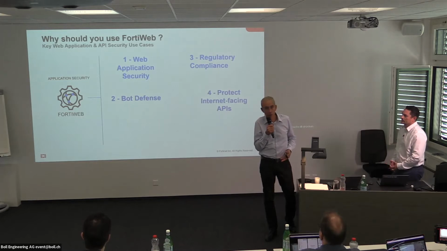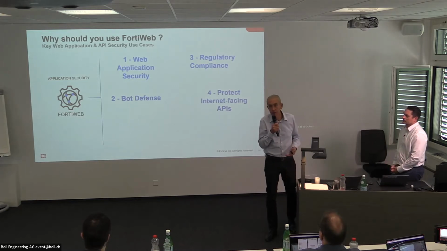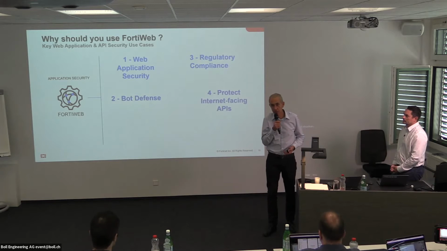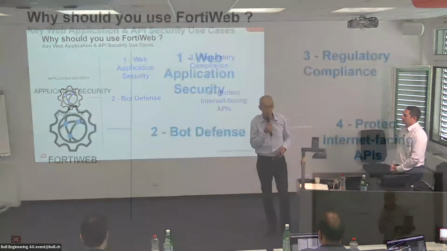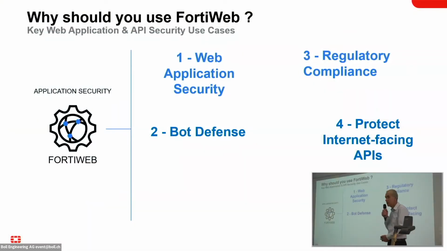Most of your customers will need to have credit card purchasing capabilities on internet. And so they need to be PCI DSS compliant, and PCI DSS requires a WAF. There's no way around. You need to have a WAF if you want to be PCI DSS compliant. So this is one of the aspects about regulatory.